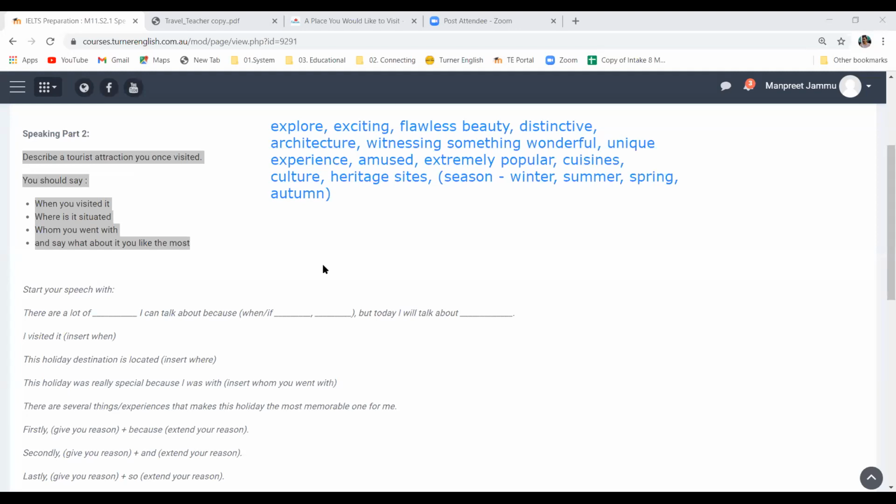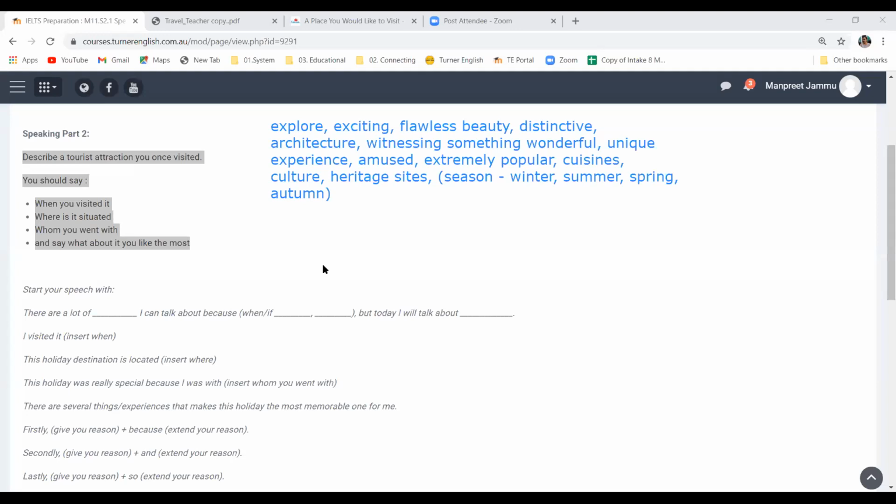St Kilda beach is a very popular beach in Melbourne and more specifically in Australia, because the beach is totally clean, and there are a lot of food trucks available at the beach, which give you delicious food.